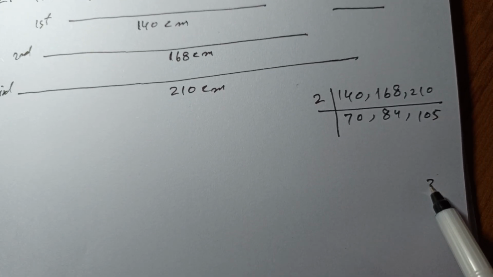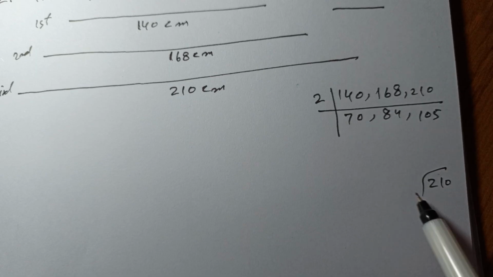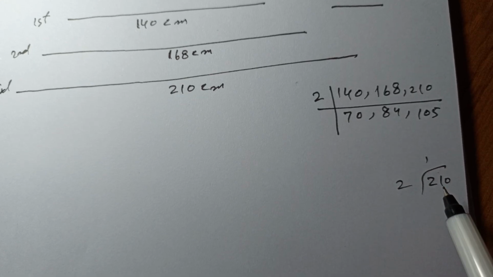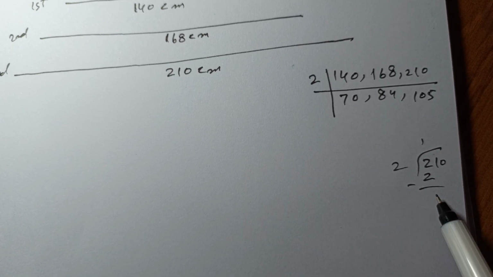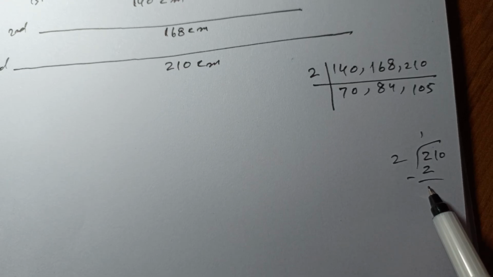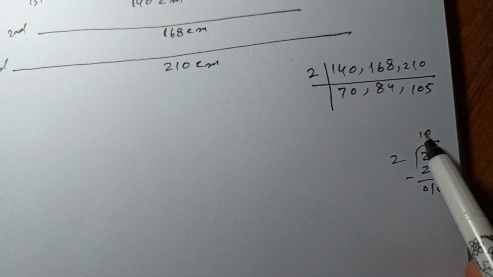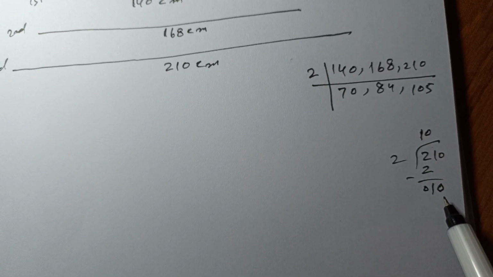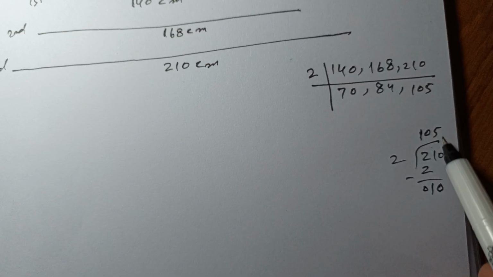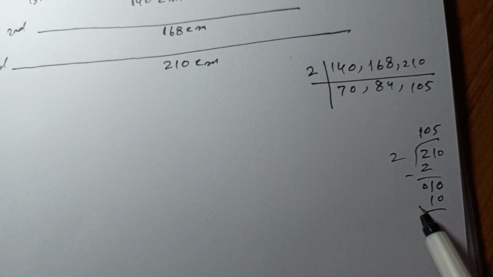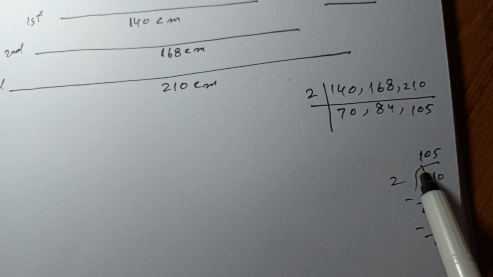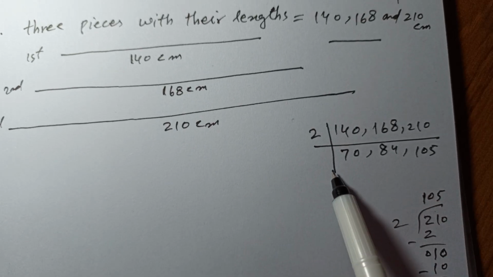When you divide 210 by 2, 2 ones are 2 here. After subtracting, you will get 0, and 1 will be here; as 1 is smaller, you write 0 as well, because you take the next digit down. Now 2 fives are 10, you write 5. The remainder is 0. 105 is our answer here.